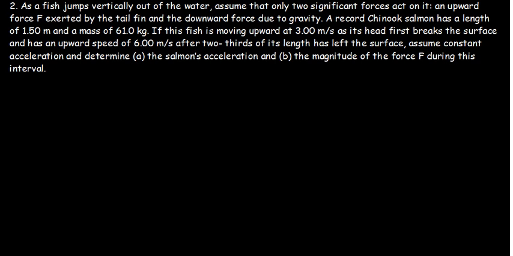If this fish is moving upward at a velocity of 3.00 meters per second as its head first breaks the surface and has an upward speed of 6.00 meters per second after two-thirds of its length has left the surface, assume constant acceleration. Determine A, the fish's acceleration, and B, the magnitude of the force during this interval.